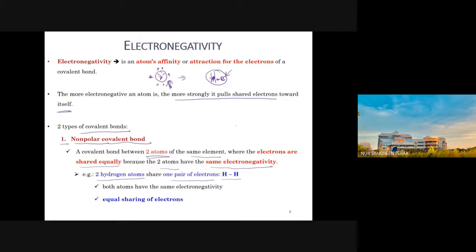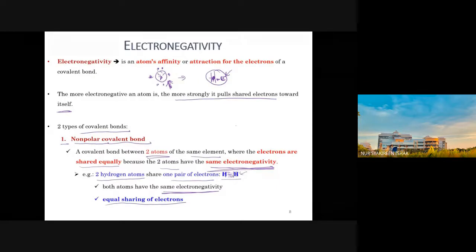Both atoms have the same electronegativity, so each hydrogen atom will pull electrons toward itself equally. So they will share an equal amount of electrons, equal sharing of electrons.